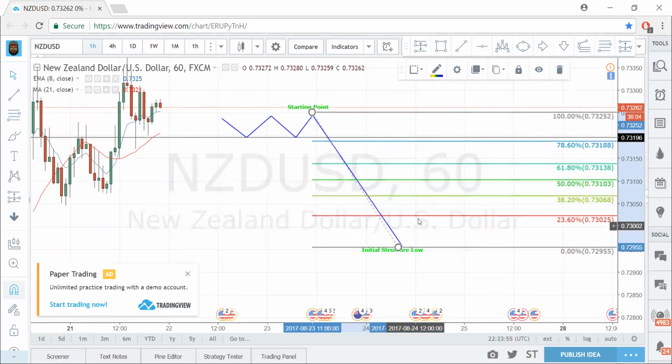Now you know the market will retrace to 23 or 38 for your outside return. Look at it carefully. The market will go all the way up to 23 to the outside return.